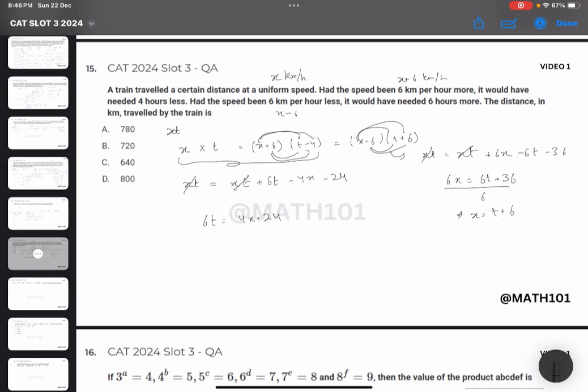So substituting here, we get 60 equals 4 into t plus 24, which is 4t plus 24, 4 into 6 is 24, plus 24, 40 plus 48. So 40 goes here, we are left with 48 equals 2t. So t equals 24, x equals t plus 6, 30. So we wanted the distance traveled, which is xt, which becomes 720. 30 times 24, 720. The answer is B.